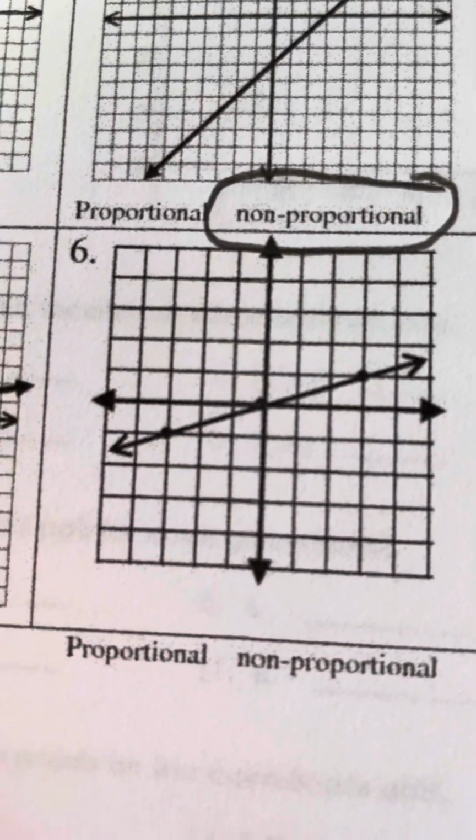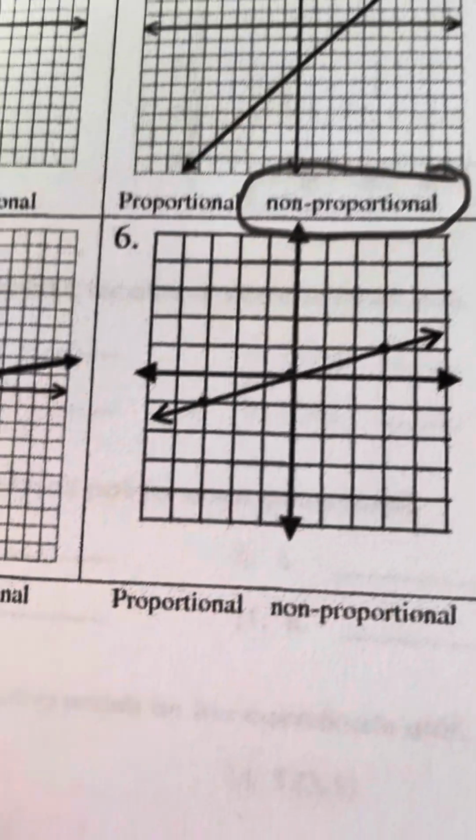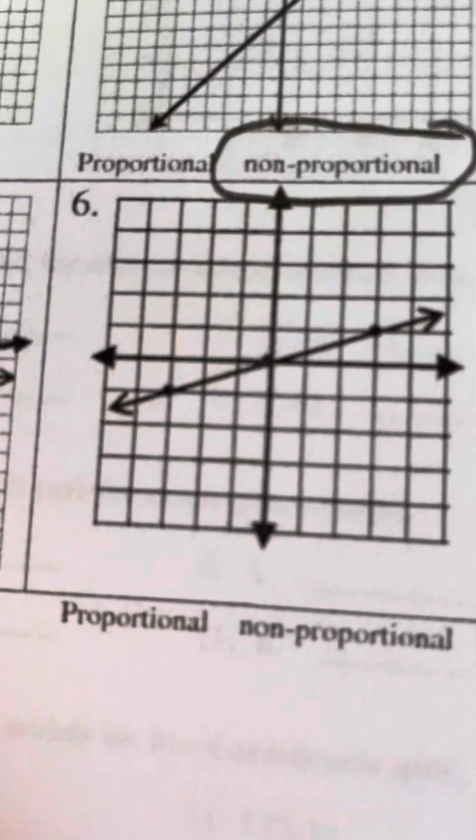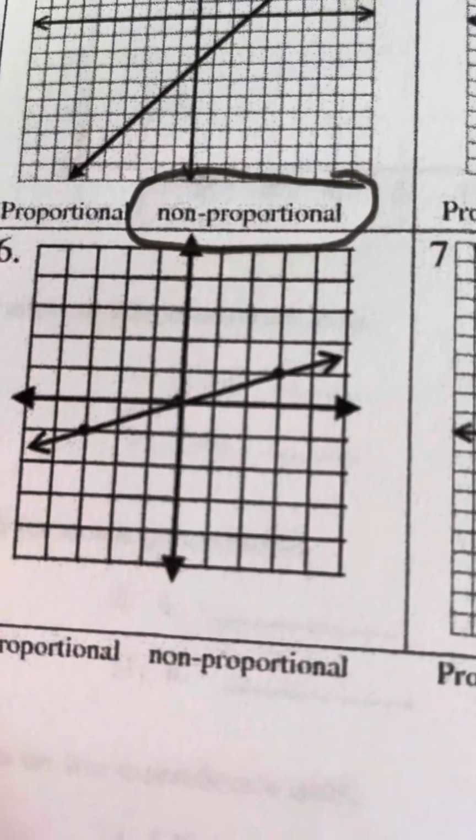Let's take a look at the arrow. We know that it goes through the origin. We know that it passes it. We know that it's in a straight line, and we know that it goes through 0, 0. So this means that it's proportional.